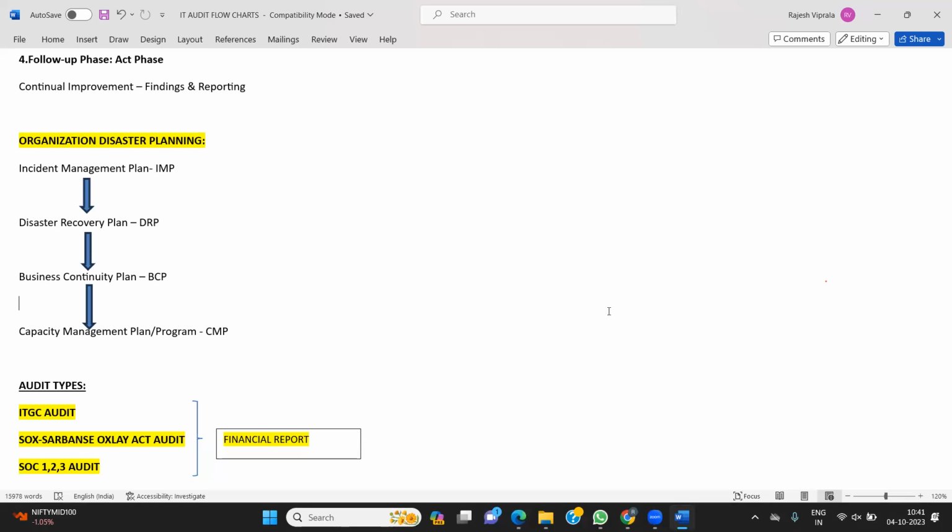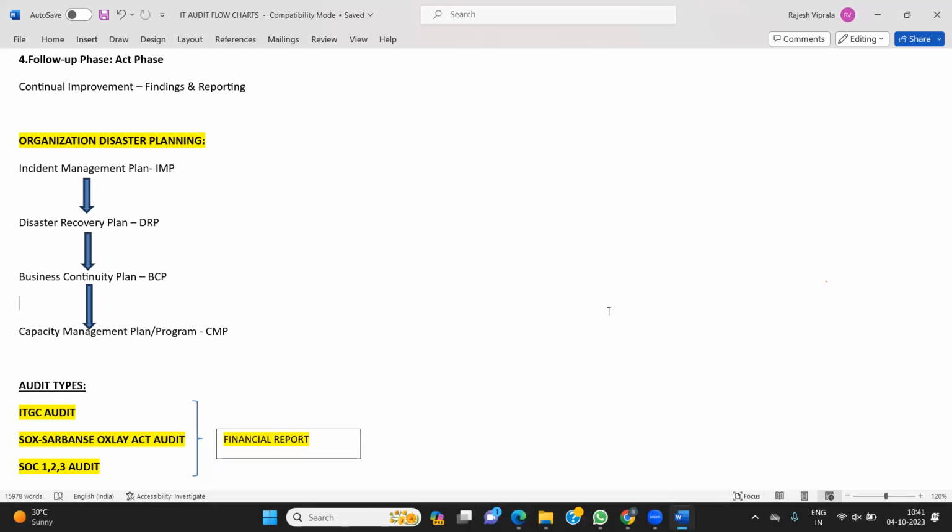Good. So the second one is disaster. As you know, if an incident is confirmed, that means a risk has already occurred. When the risk has occurred, definitely some kind of disaster will happen because of that risk, and we do not know what. The concerned team will act upon the policies mentioned in the disaster recovery planning.